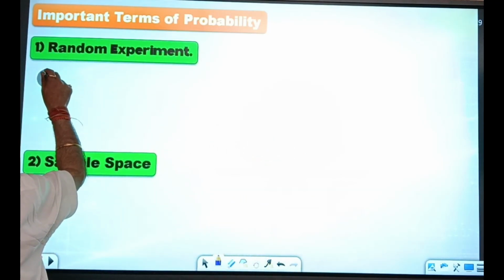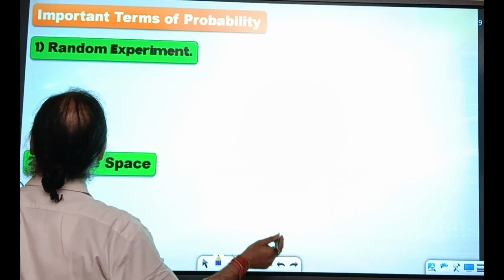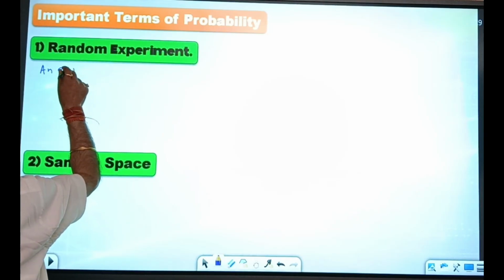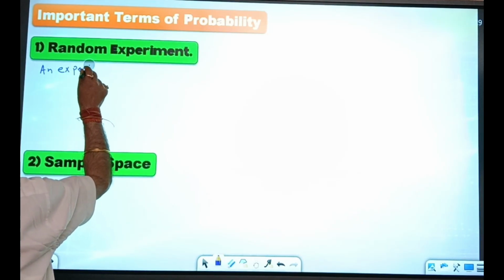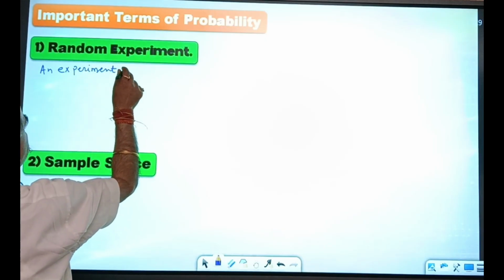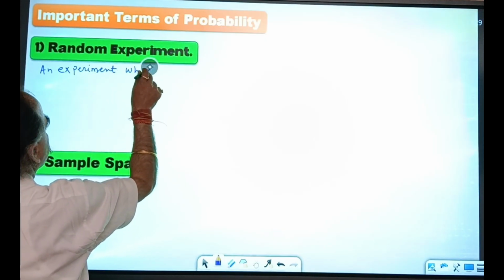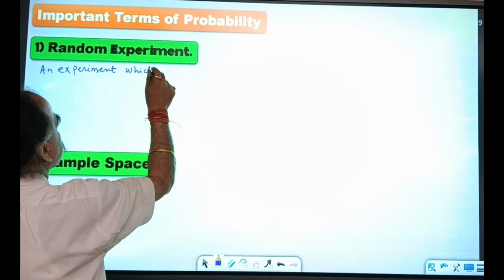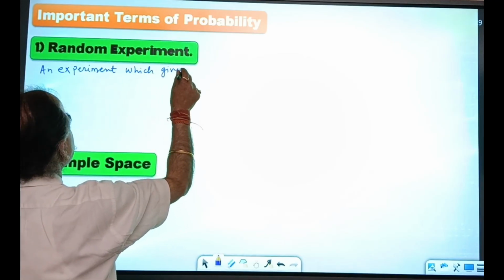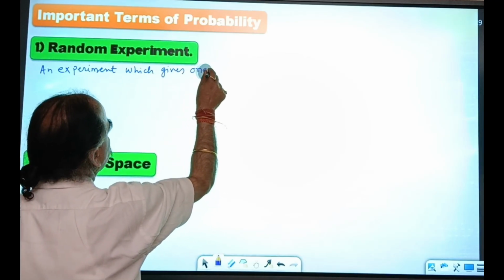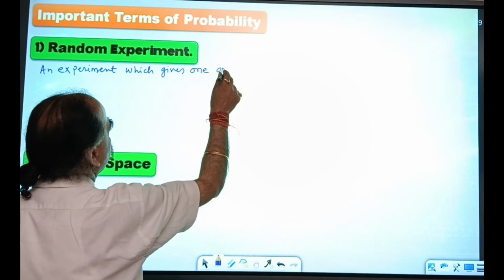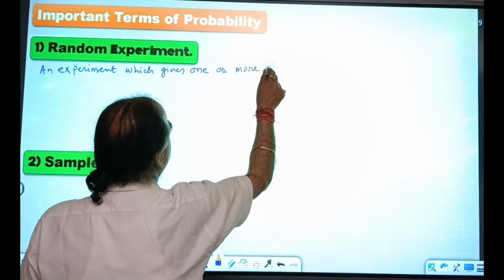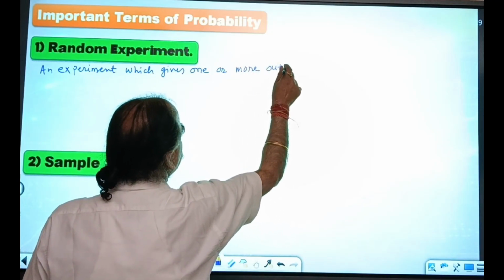An experiment which gives one or more outcomes.